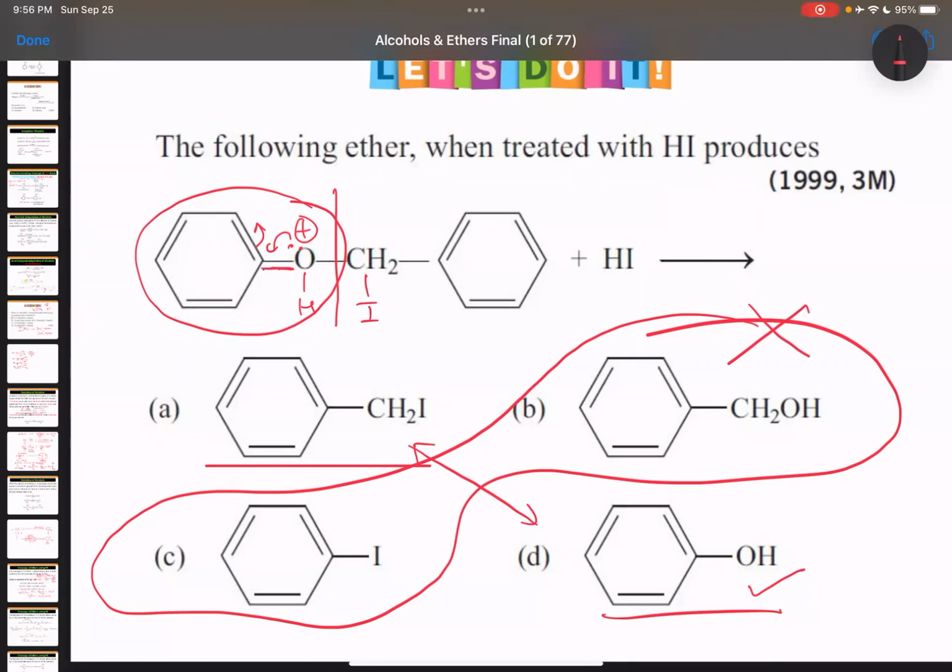Here you don't have to break this bond because that O is in resonance with the benzene, so it's not going to break. Is it clear? Yes, sir. Okay, good.